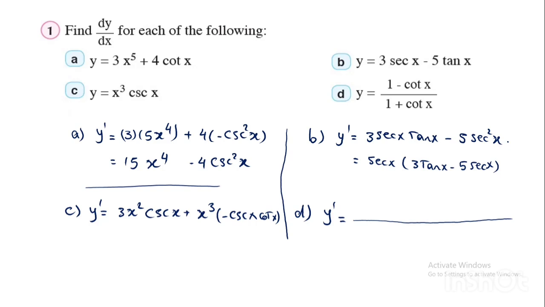From the division rule, we have in the denominator (1 plus cotan x) all squared, and the derivative of 1 minus cotan x is cosecant squared x. So we have here (1 plus cotan x) times cosecant squared x minus (1 minus cotan x) times the derivative of 1 plus cotan x, which is negative cosecant squared x.